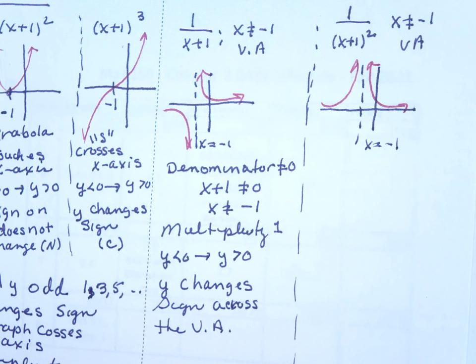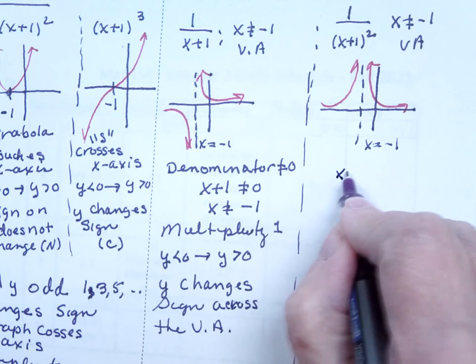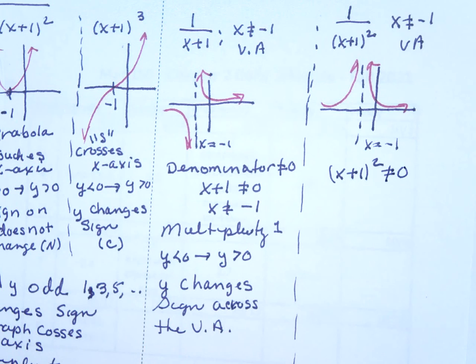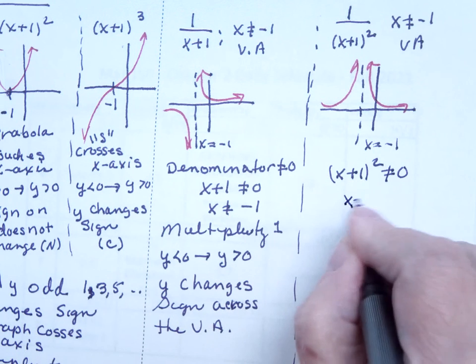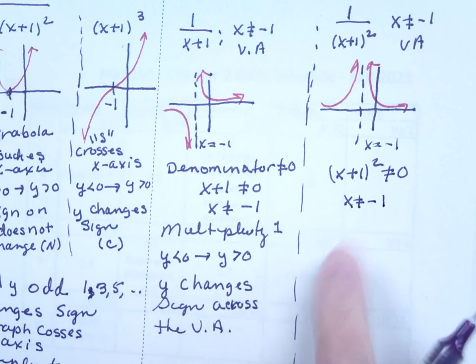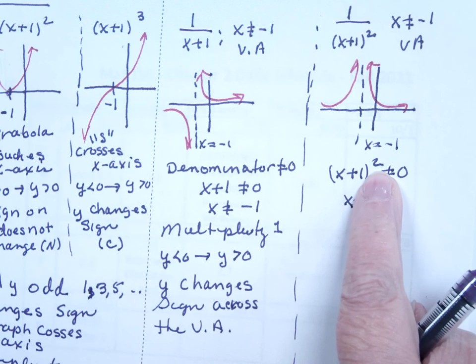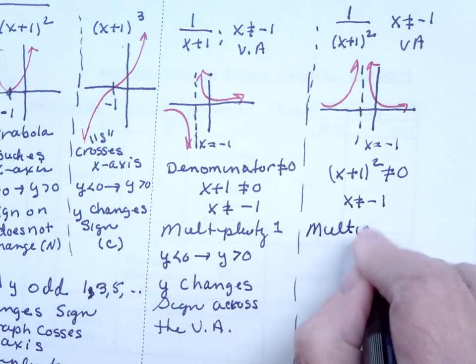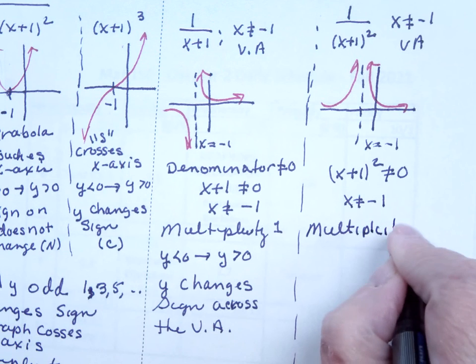That's what he looks like. Now, what do I notice? Again, x plus 1 squared can't be 0. X can't be negative 1. The power on the factor is 2. He is multiplicity 2.